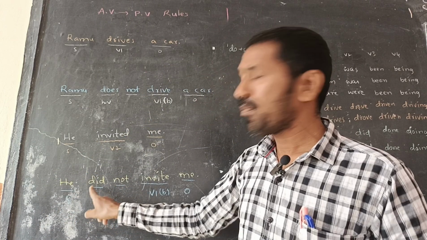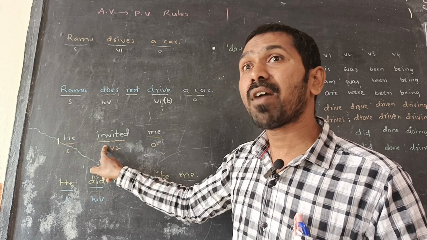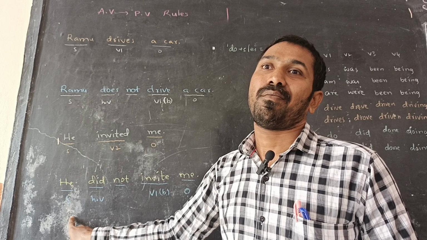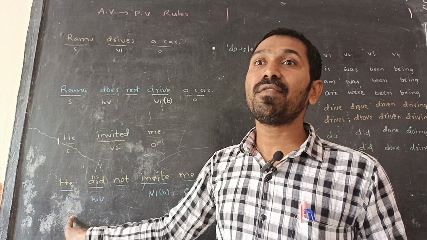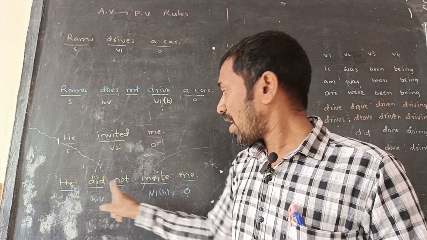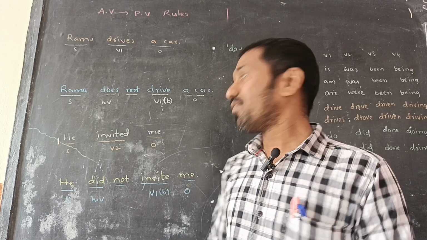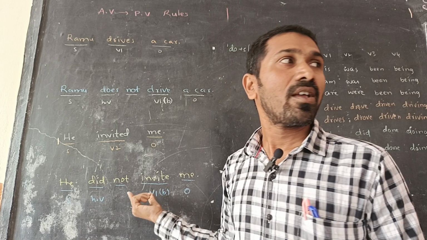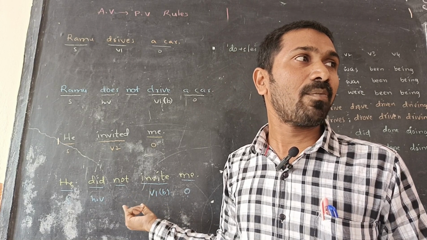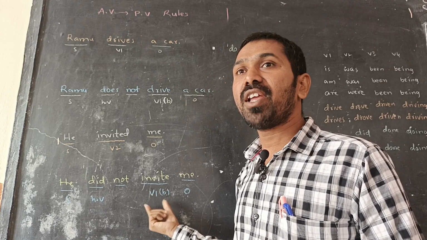So what we have to do? We need to take the do forms helper. Now this is V2 form, so what do we have to use? Did, because did is the V2 form of do forms. So we have taken did. And when we shift our work to our helpers, then the main verb will be free. That means it will be V1 base form. After do forms we have to use only base forms.